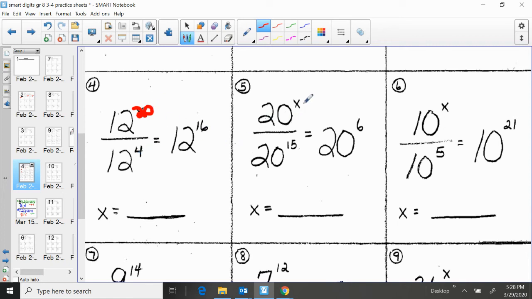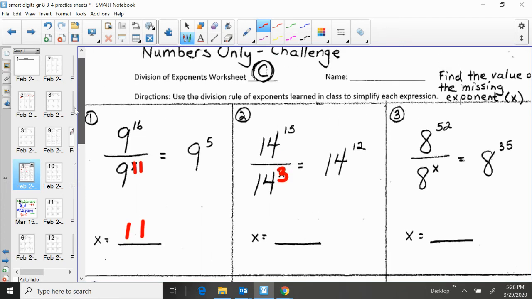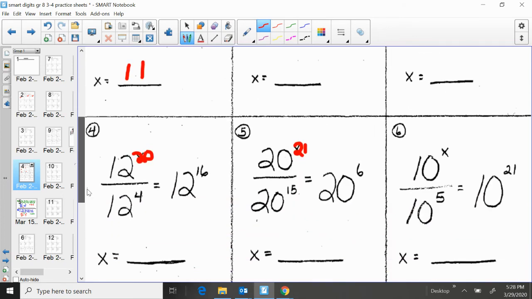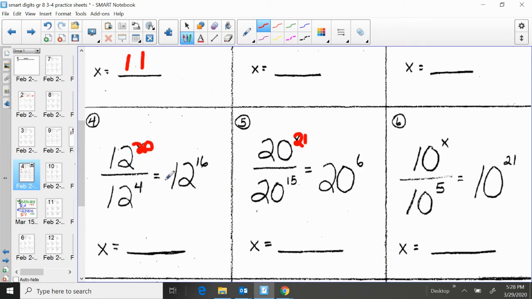Same over here. What number minus 15 equals 6? Oh, that's 21. Or 15 plus 6 equals 21, which makes me say, if we're missing the bottom exponent, subtract your exponents. 16 minus 5 is 11. If you're missing the top exponent, add those two exponents and you get it. So your x would equal 20.